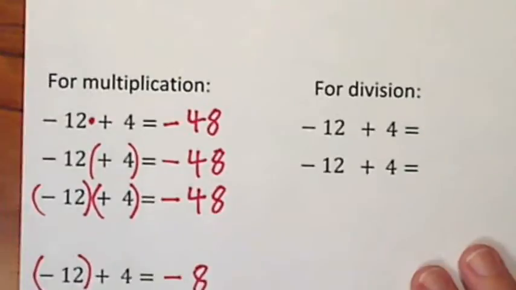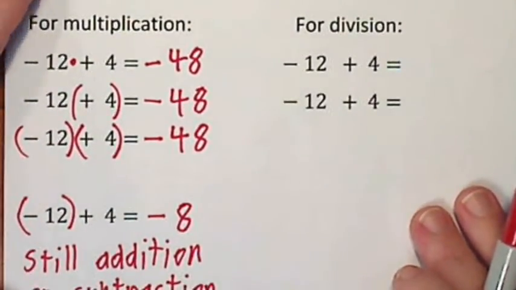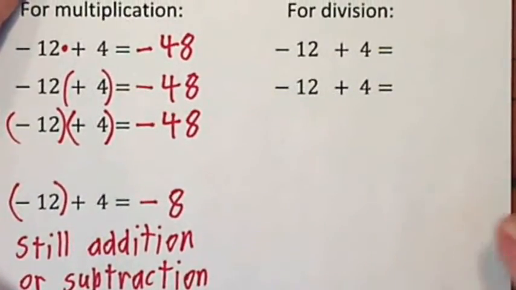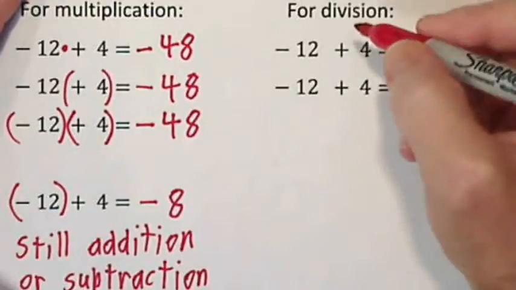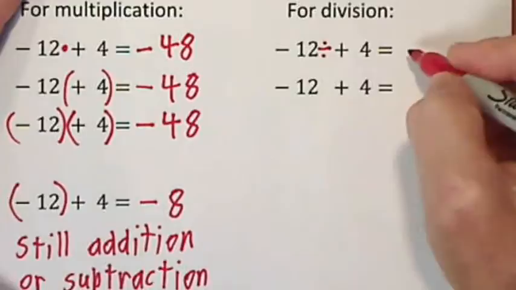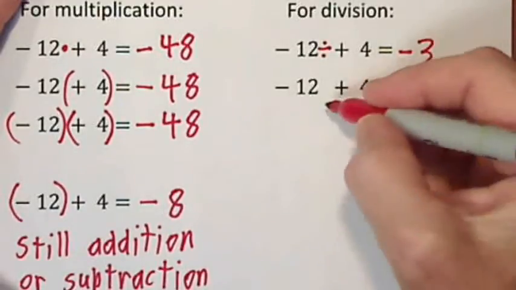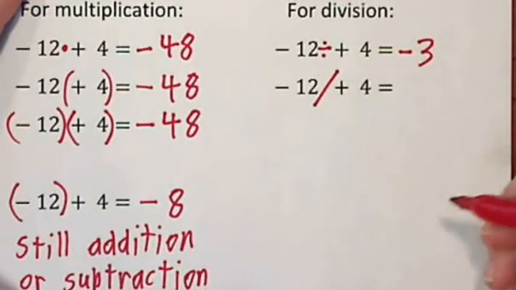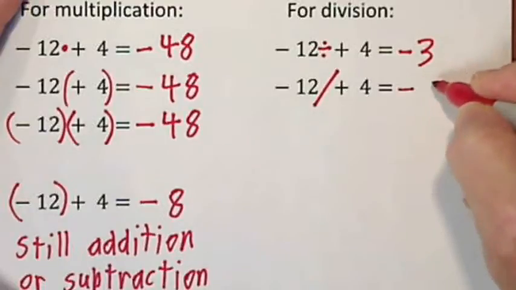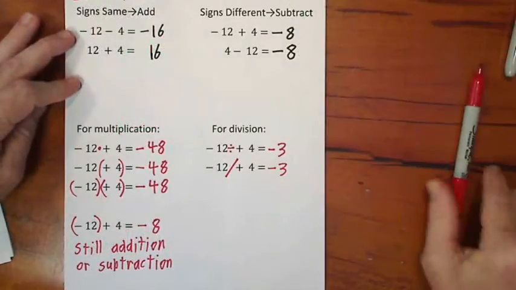Okay, also on the idea of by default, if I want you to divide these two numbers, I could put in a division sign, and then the result here would be a negative 3. Or I could put a slash, a fraction bar, and that would also mean division, and that would be negative 3. Well, if the signs are the same, you add.